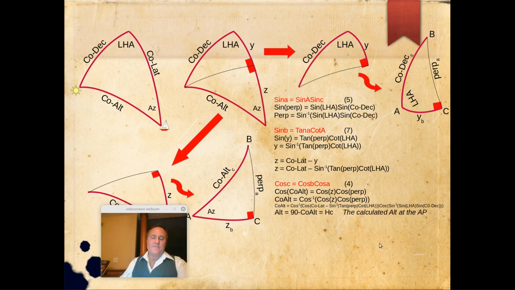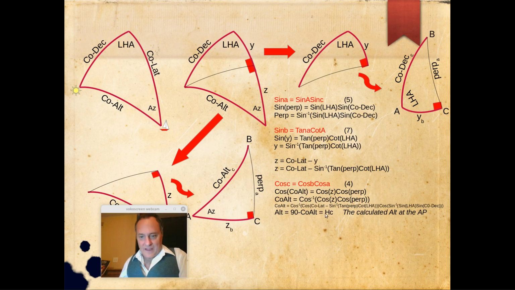And so if the coaltitude is that, then 90 minus the coaltitude is just the altitude. And the altitude is also known as Hc, the computed height in sailorly parlance, remember. And so we take 90 minus this horrible equation right here. 90 minus that is the altitude.